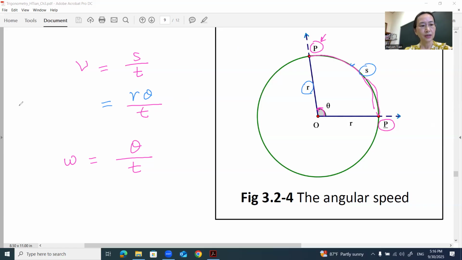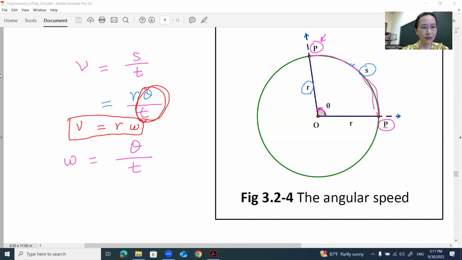But then we notice that theta over t is simply the angular speed, right? That part is omega. So we can write the linear speed v as r times omega. From here, we see the linear speed v and the angular speed omega are related. Linear speed v is equal to angular speed omega times radius.